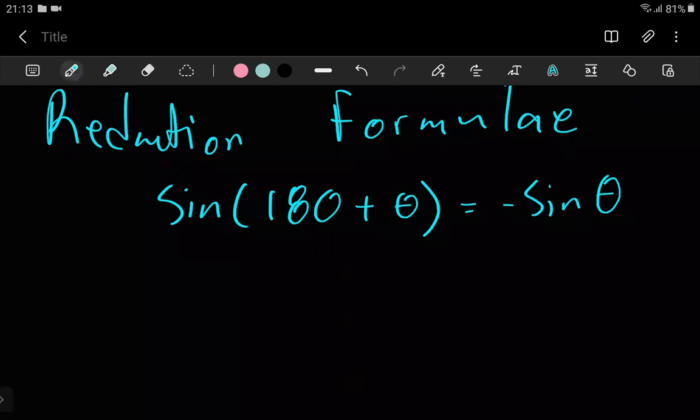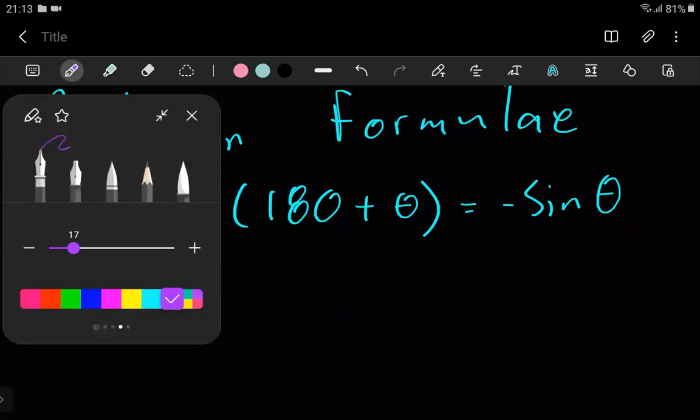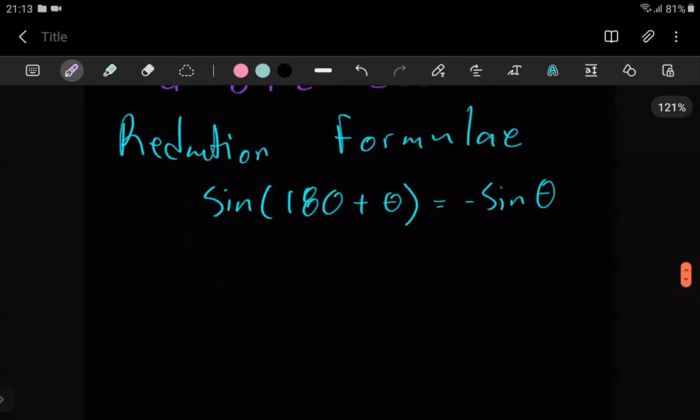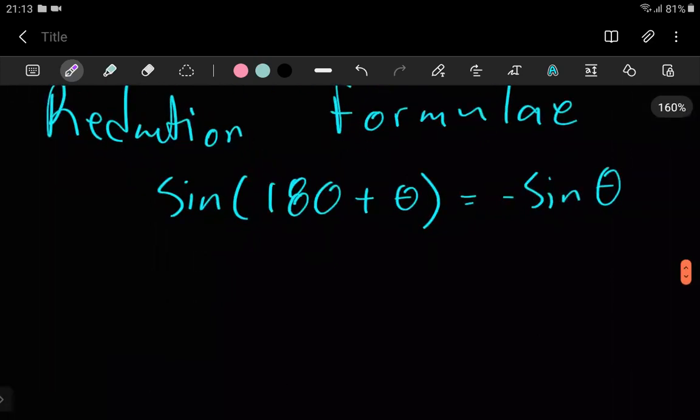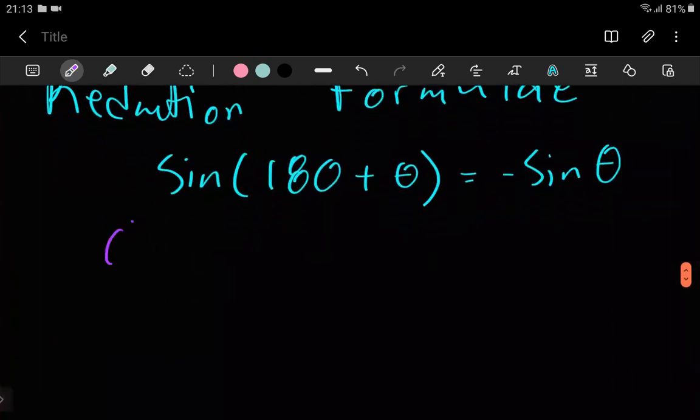With trigonometry, when you go through the trigonometry course, there are 5 chapters: chapter 1, 2, 3, 4, 5. In chapter 1, you will have questions like proving identities.